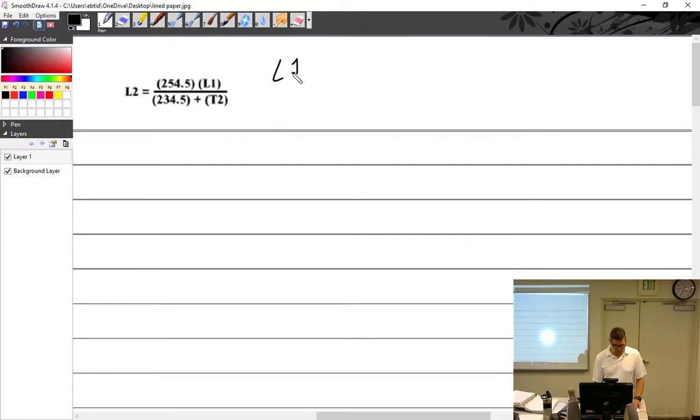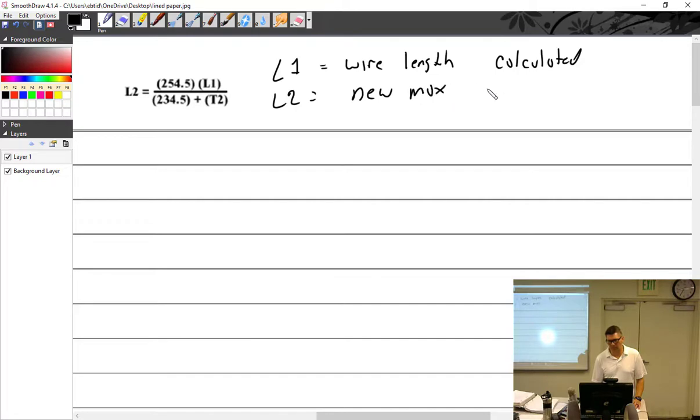L1 is wire length calculated. L2 is new max length. And T2 equals wire temp.